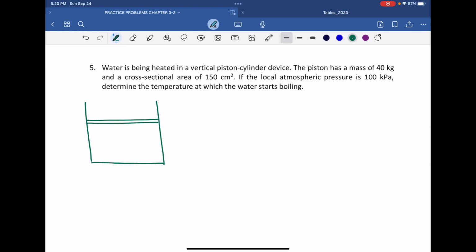What is trying to push it downwards is the atmospheric pressure acting on it. And also it has its own weight, right? This is balanced by the pressure of your gas. I mean the system. In this case, I'm sorry, it's not a gas, it's water pressure.